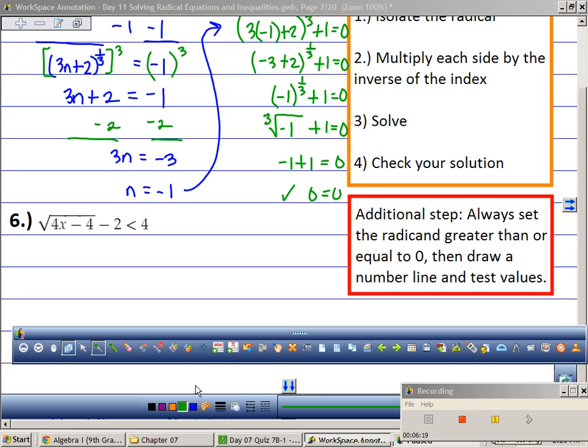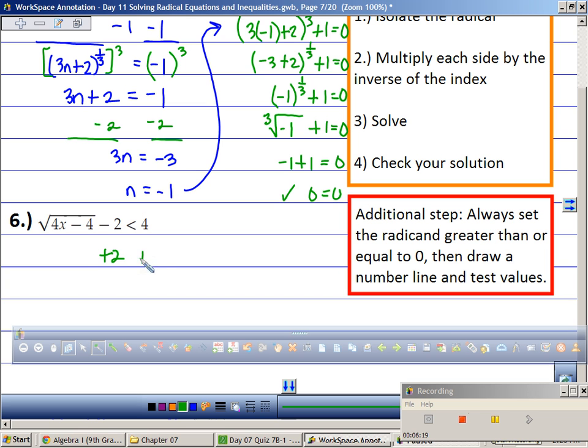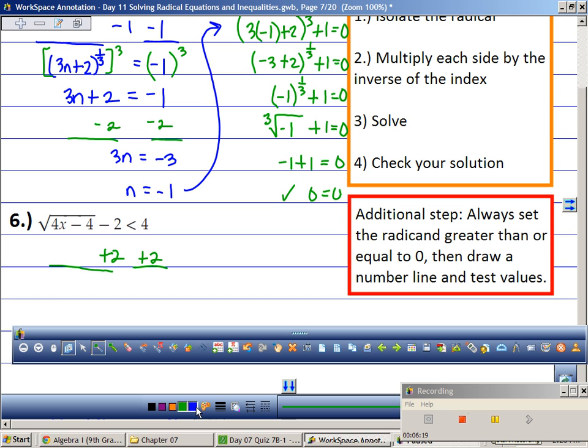Okay, here's the complicated one. This is where things change just a little bit. Same process. I'm going to add 2 to both sides. And I get the square root of 4x minus 4 must be less than 6.